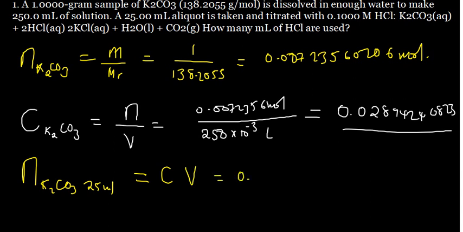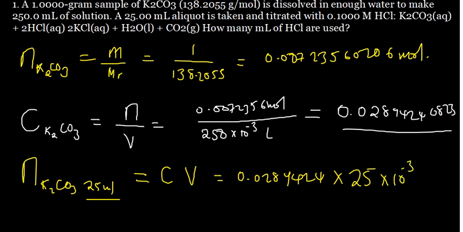That is 0.0289424, and then multiply by the volume. The volume we want to find in 25 mils. Now remember, we want to convert to liters, so times 10 to the power negative 3.